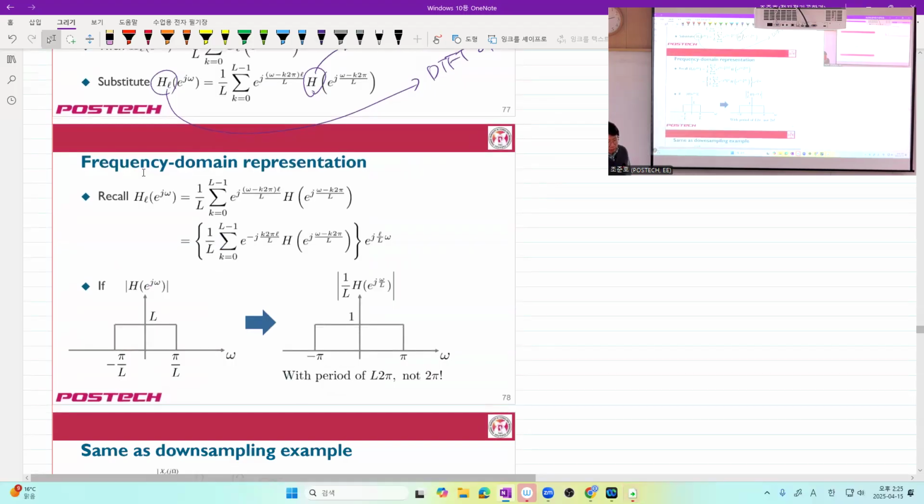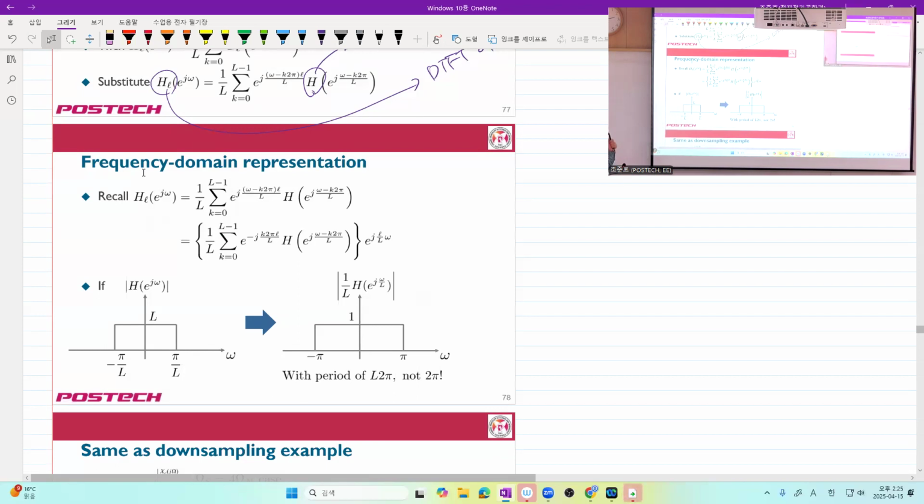Anyway, after you somehow manipulate this one, you have something interesting. Here, you have L and you have, just a second, what is K? Yeah, you have L here, you have L here.